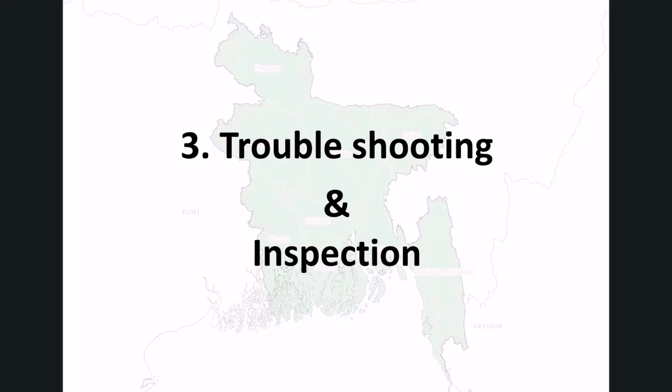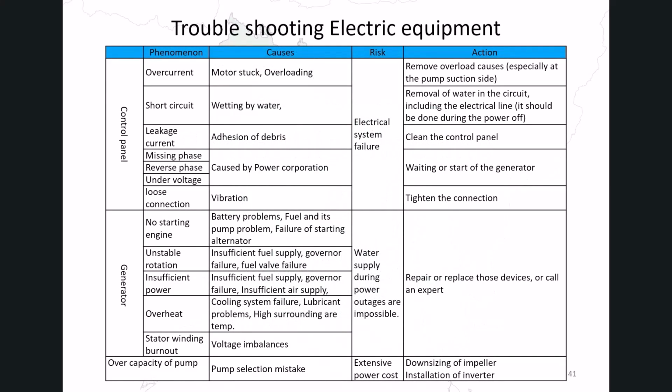Now, we go on to troubleshooting and inspection. Even with proper understanding of each electric facility, problems will occur in daily operation. This table shows how to use all the knowledge explained earlier when an actual problem appears in the electricity.